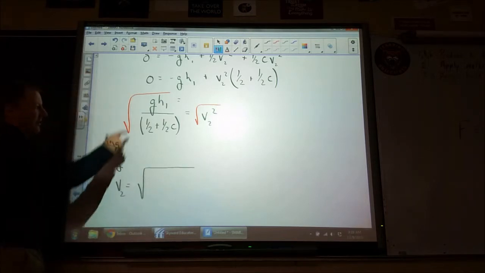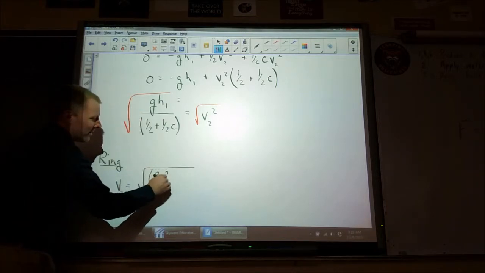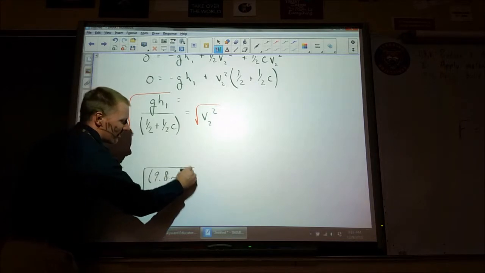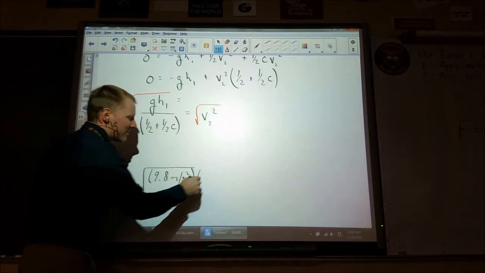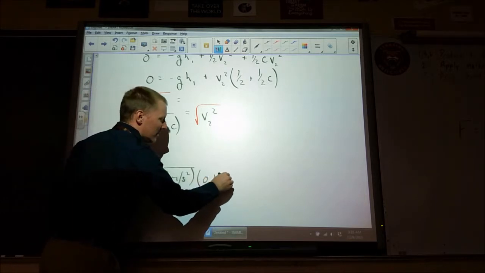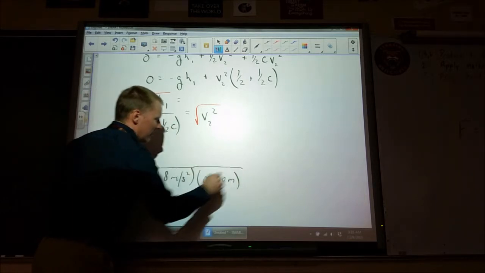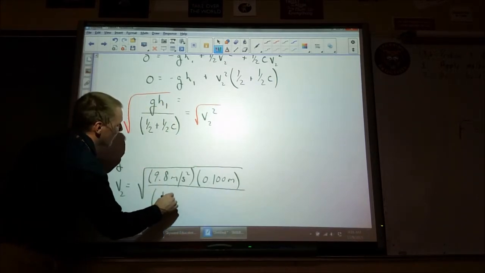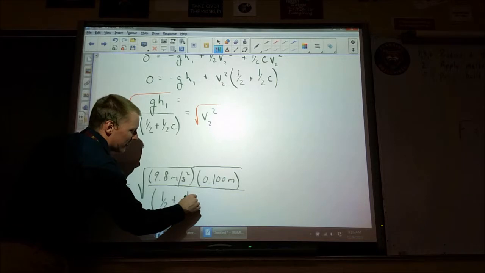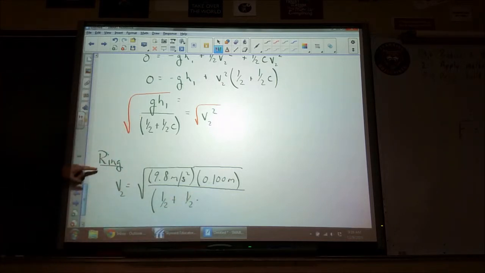Okay, so let's put in our values. G, 9.8 meters per second squared, times our height difference, which we made simple to be 10 centimeters or 0.1 meters, over 1/2 plus 1/2 times the C. And now here's where it matters whether we're talking about the ring or the disc.